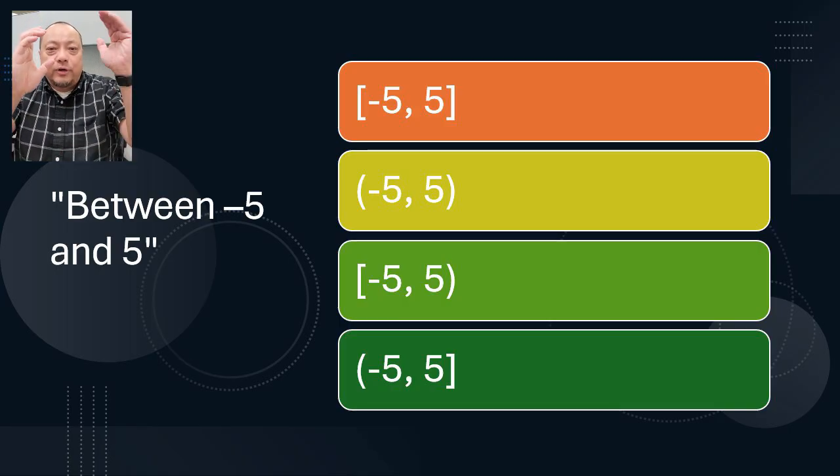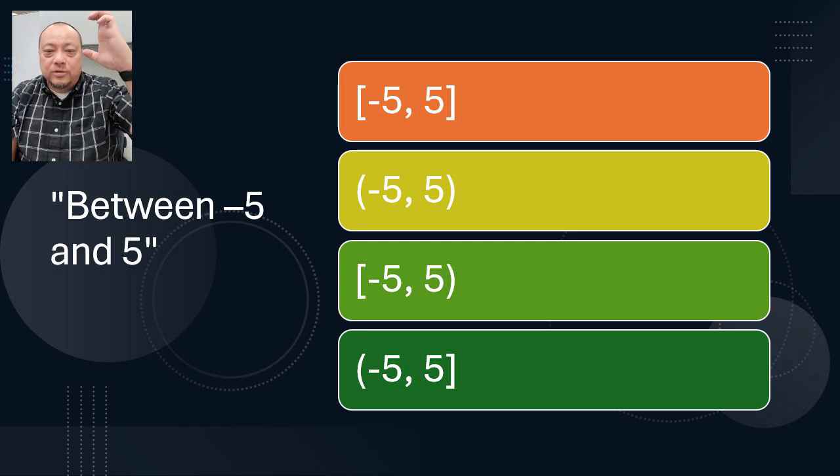Closed at -5, open at 5, or closed at +5 and open at -5. So you have 4 intervals that can claim to be the interval between -5 and 5. And your job is to figure out which of the 4 is the true interval of convergence.